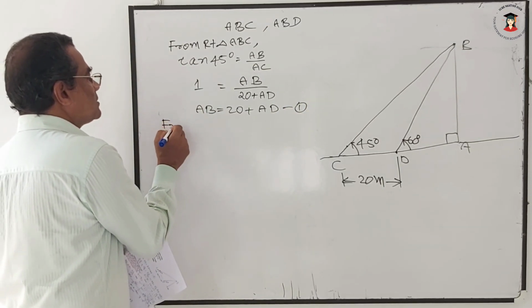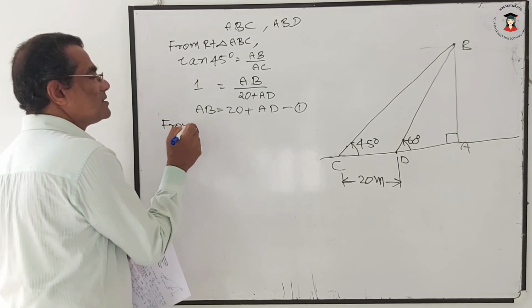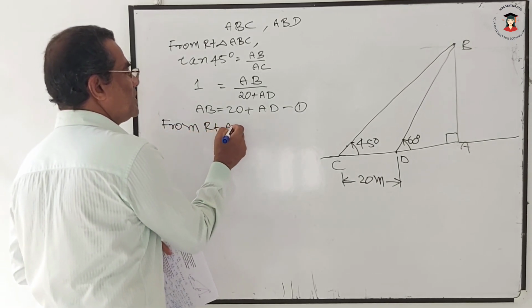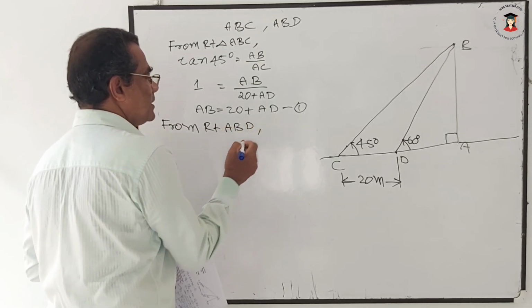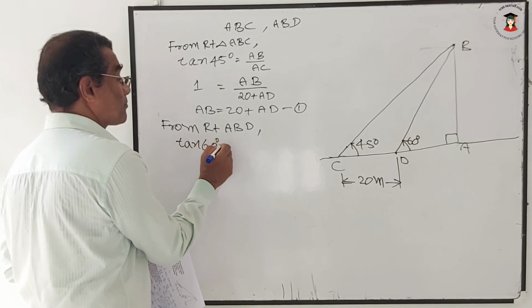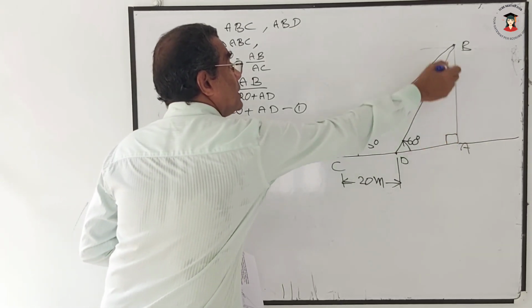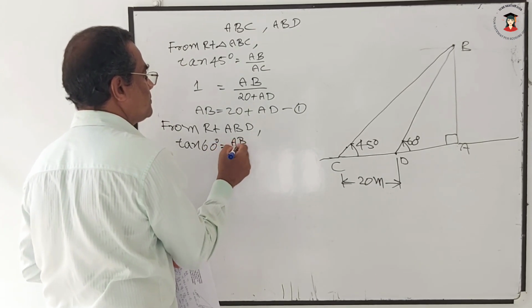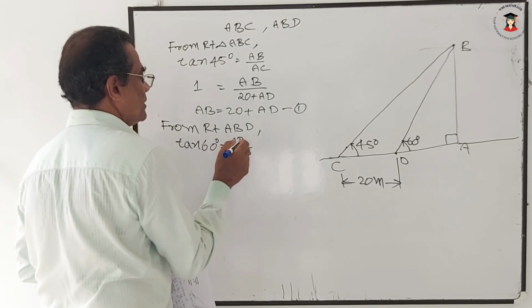Consider the second right triangle. From right triangle ABD, tan 60 equal to AB by AD.